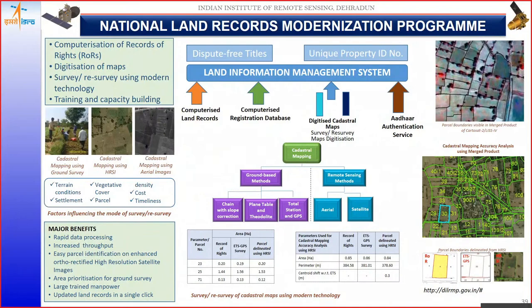Here it is envisaging the digitalization of the cadastral maps, which are usually available at 1:4,000 scale. Once you have done it, its subsequent utilization can happen in urban planning processes.